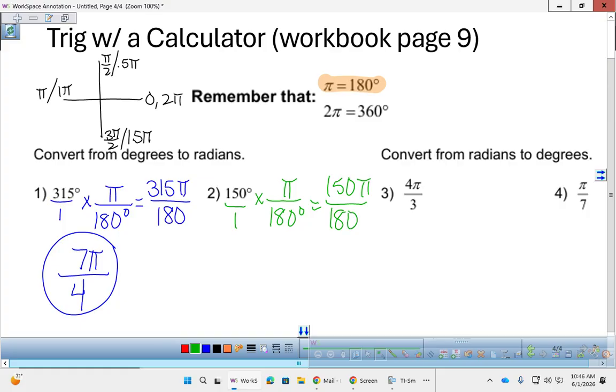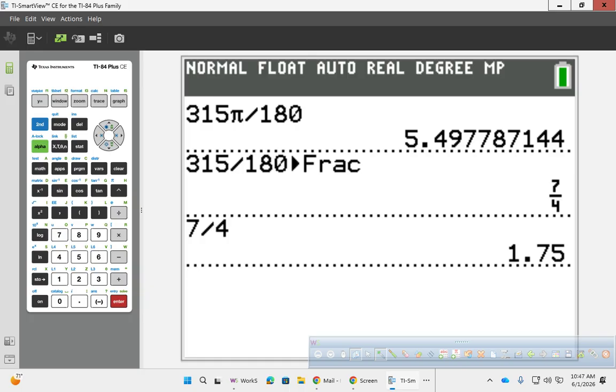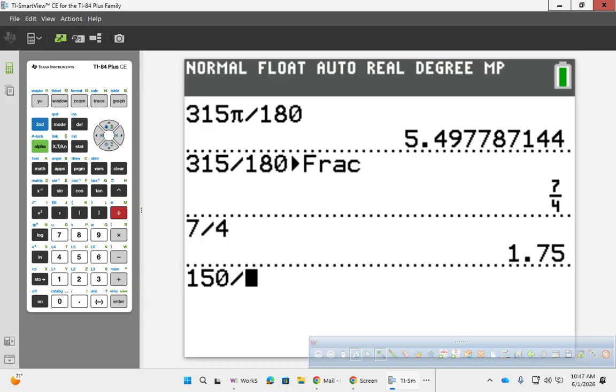Before I do anything else, 150 is in what quadrant? 2. So a fraction in quadrant 2 needs to be between 1/2 and 1. So when I get my answer, I just want to make sure it's something between 1/2 and 1. So I'm going to do 150 divided by 180.